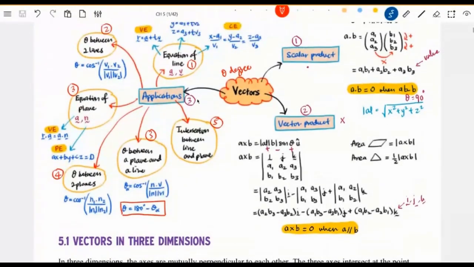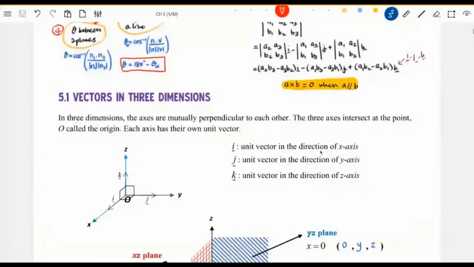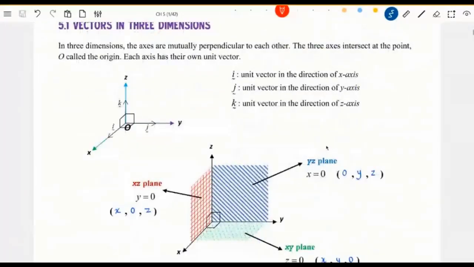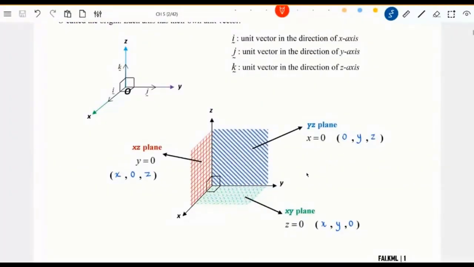Boleh, Miss. Okay, alright, so we go through for the introduction little bit. So for vectors in 3D, as you know, we have encountered unit vector I, J and K. So this one represent for each plane. So kita akan encounter dengan XZ, YZ, XY.